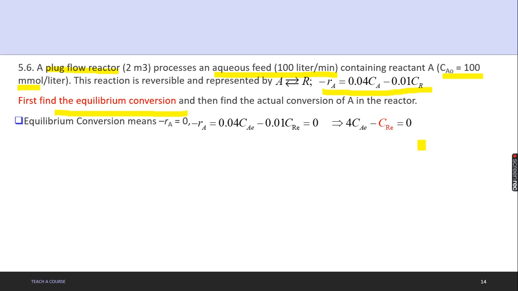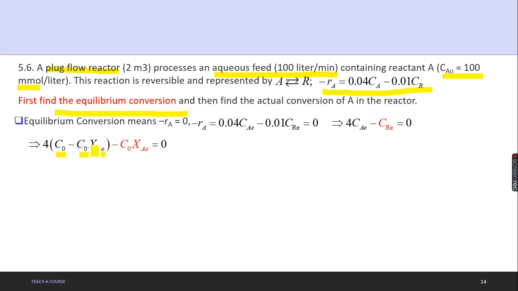Now CAE means the equilibrium concentration of A, CRE means the equilibrium concentration of R. We can write them very easily because we know the starting concentration of A is 100, and the starting concentration of R is 0. So we will use that information now. Instead of CAE we can write C0, the initial concentration, and how much has been converted, C0 into XAE. XAE is the equilibrium conversion. So that is very logical.